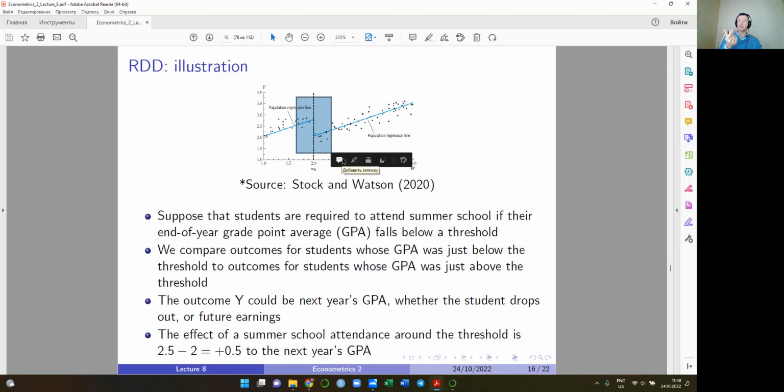How wide is this window in which the observations fall? It is called bandwidth. So the size of this band that includes the units under study.